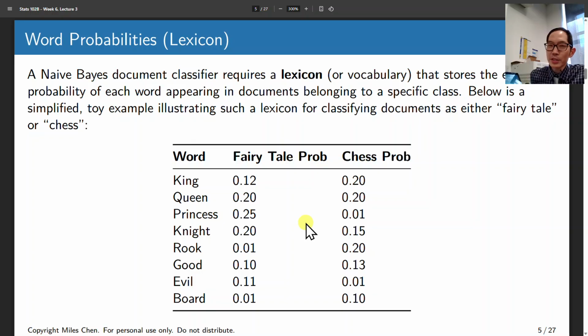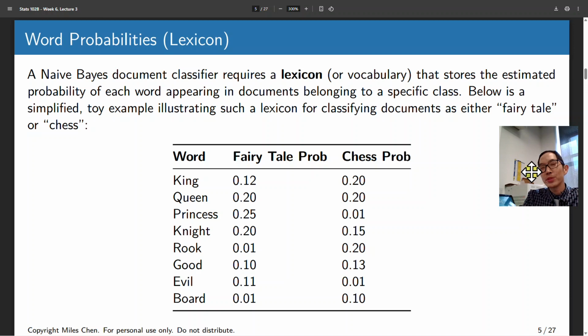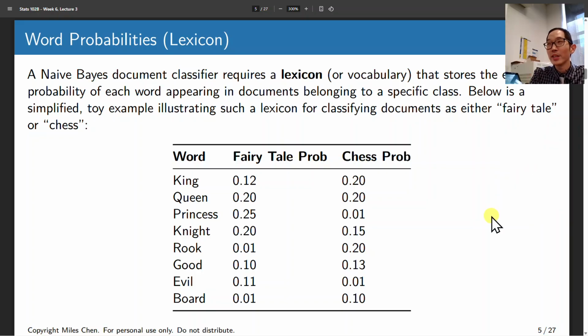The naive Bayes classifier, for it to work and to classify documents, requires a lexicon, or a vocabulary, that stores the estimated probability of each word appearing in a document that belongs to a specific class. This is an extremely simplified version of a lexicon.